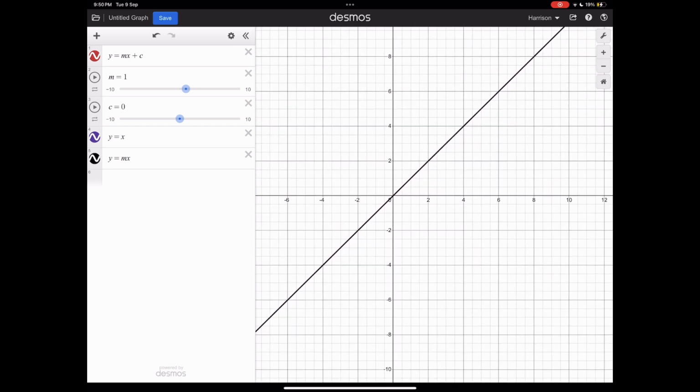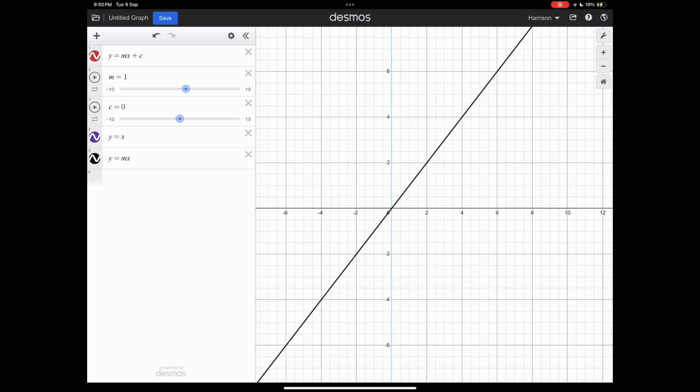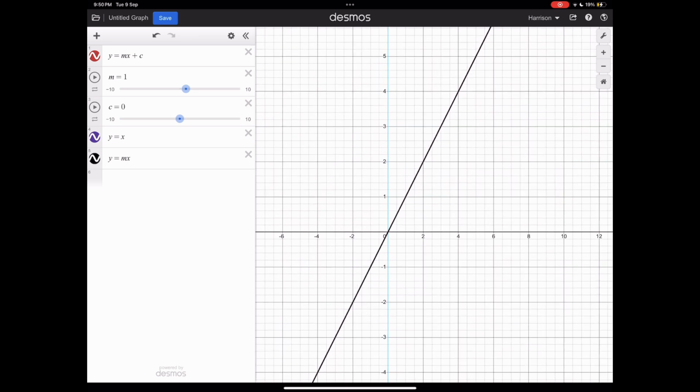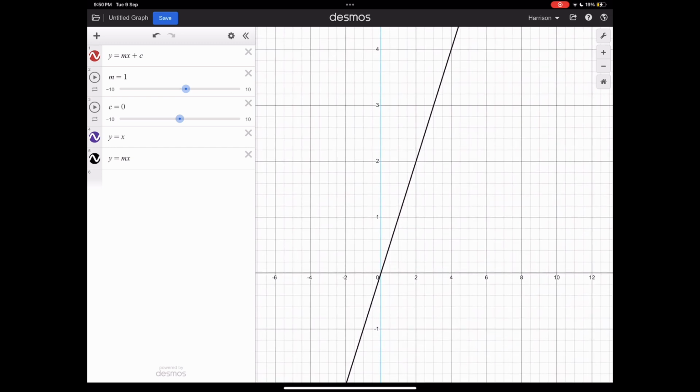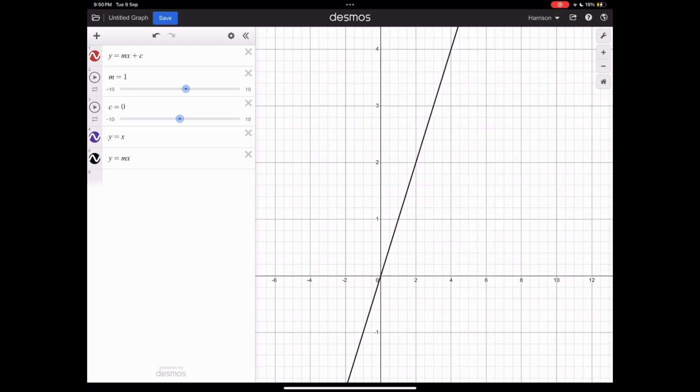We stretch it along the y-axis. Notice how that line's getting steeper. So that is why when we increase m, which is our gradient, the line becomes steeper.